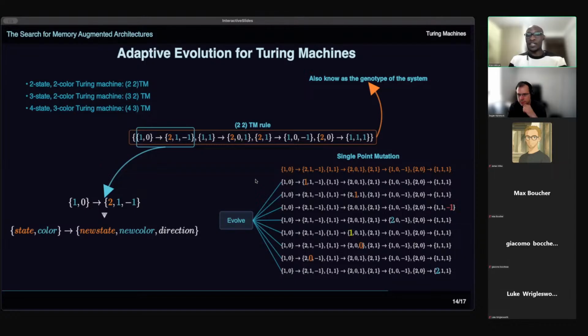So the single point mutation is to take a rule, the parent rule, and make children out of that rule. These are children based on single point mutation. You mutate one point from those children, and then evolve the children in parallel.